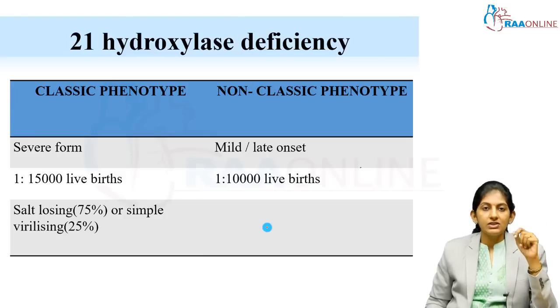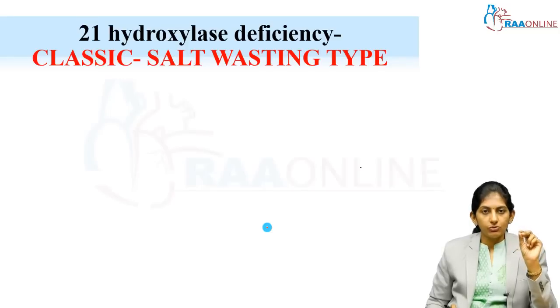They present with severe salt wasting, or it can present even as a simple virilizing form, but the presentation is pretty early. Non-classical phenotype presents pretty late, as a mild salt wasting, or just as a mild virilization form.